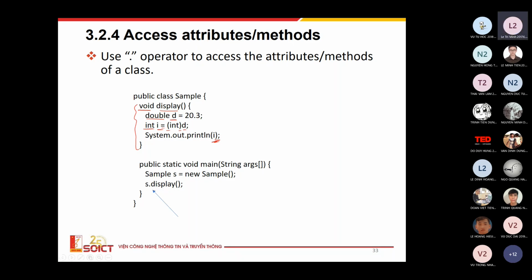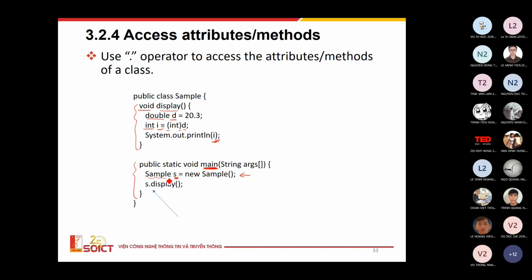And then we have another method in this class with the name main. And in this method, you have, for example, this command to declare an object as sample.